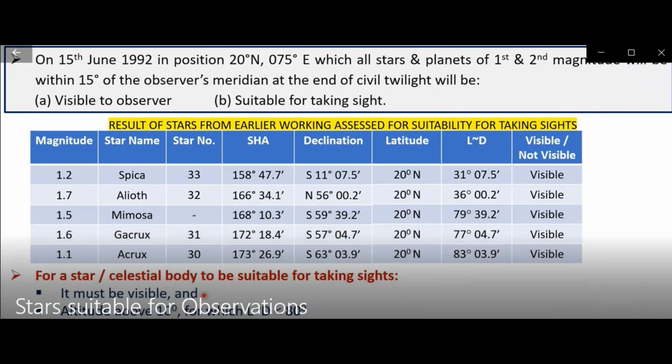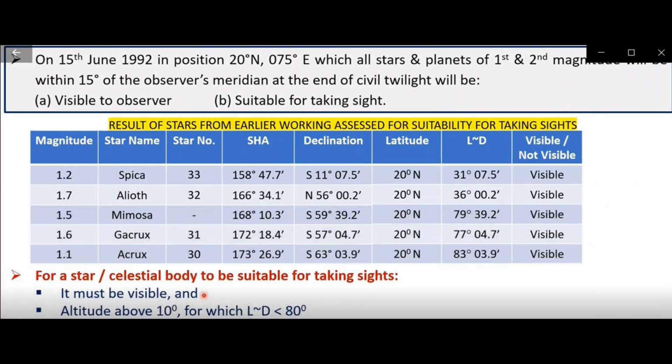Okay, now beta, there is a requirement for the purpose of sight taking, that whenever we pick up a celestial body to be used for sight, we always say that the altitude of the body should be more than 10 degrees. So why do we say that? Because number one, when the body is close to the horizon, the sight would be difficult because the visibility close to the horizon is affected.